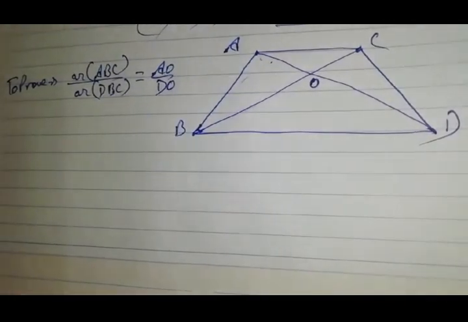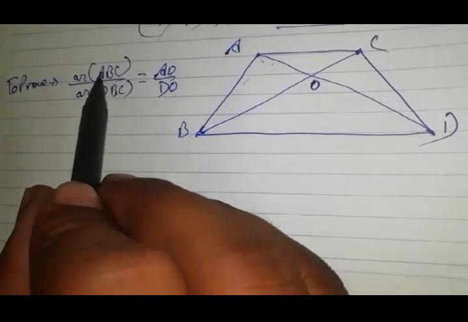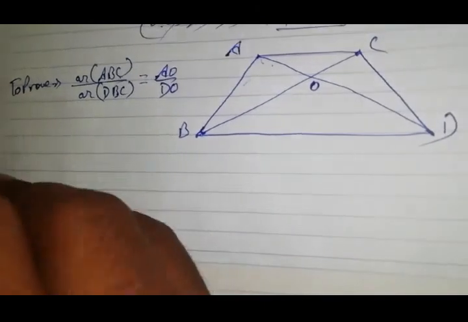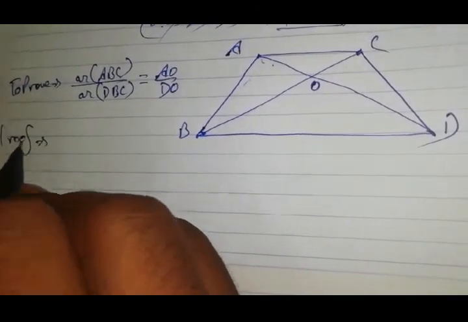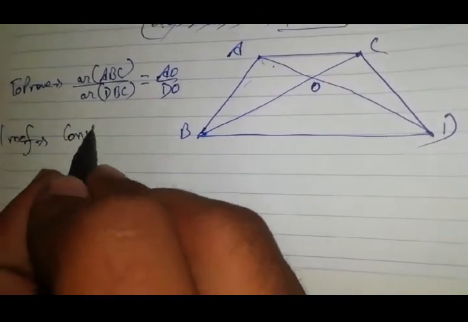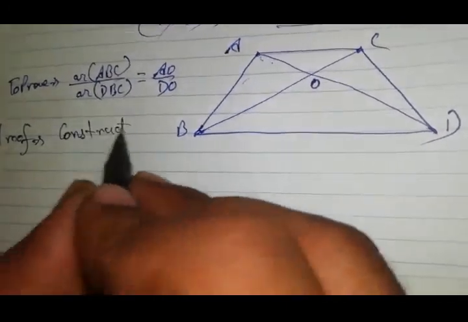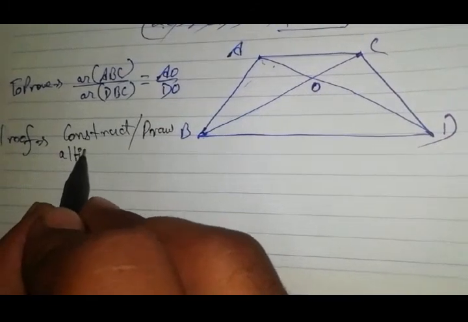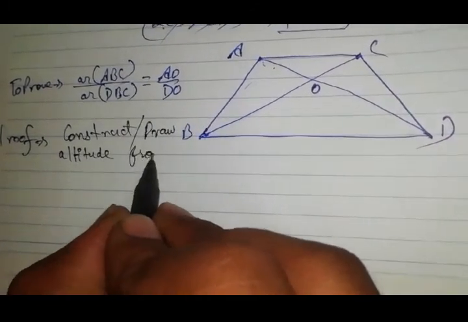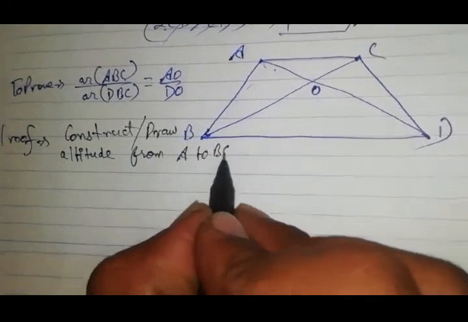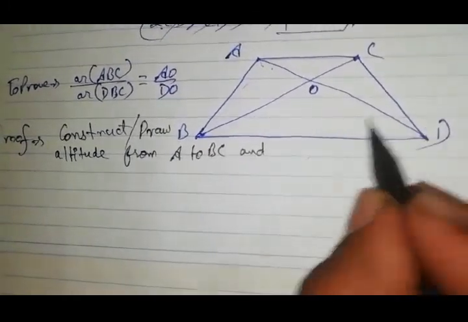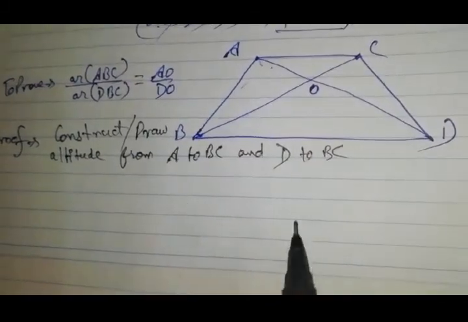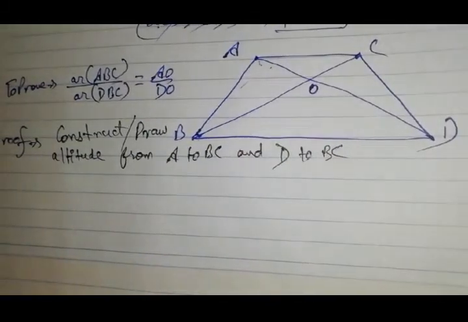Now to find the area we need a base and an altitude. So for proving this, we construct or draw altitudes from A to BC and from D to BC. We are just making altitudes.